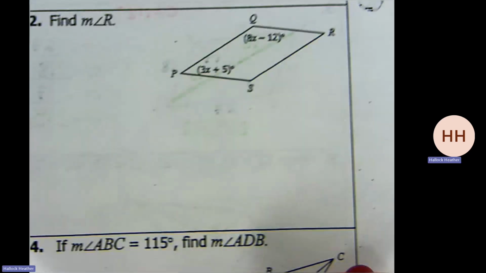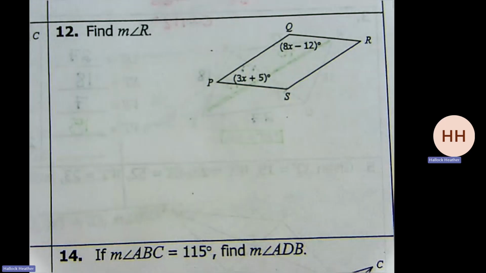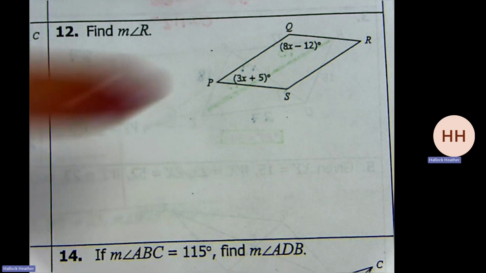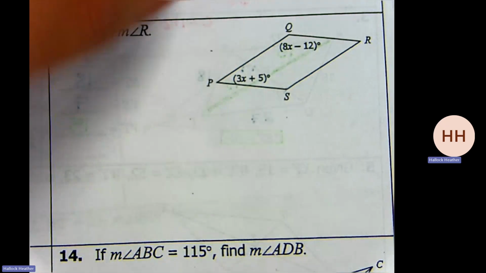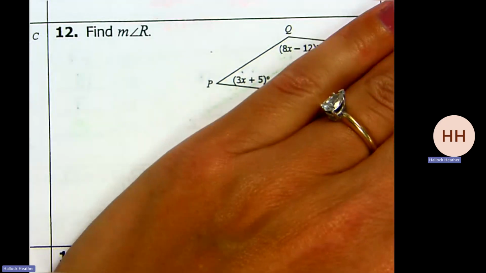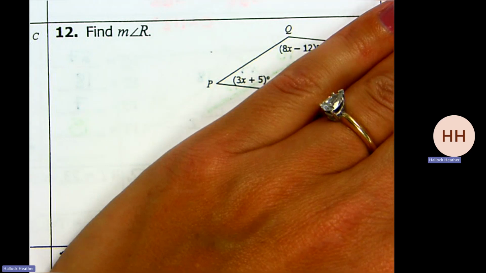Let's go to 12. 12 is very similar to 11, but the placement is different. Are these angles congruent to each other? No. One is obtuse, one is acute. They're not opposite of each other, but they are on the same side. So what do same side angles add to make? 180.